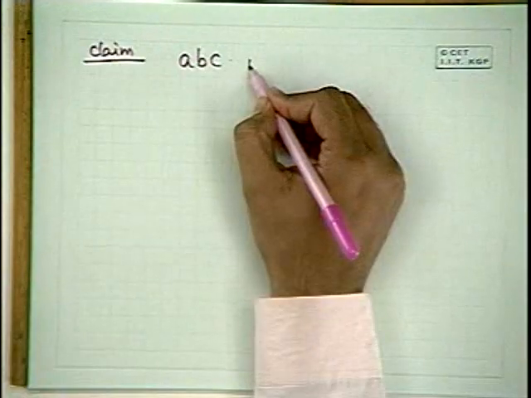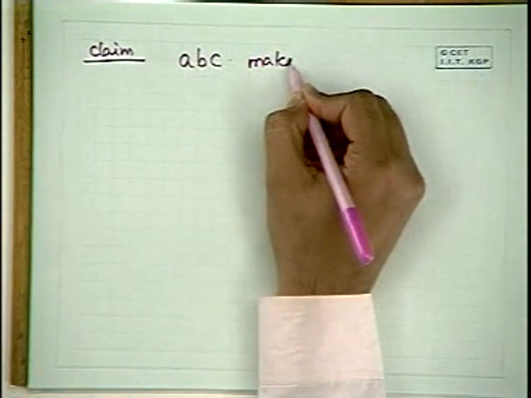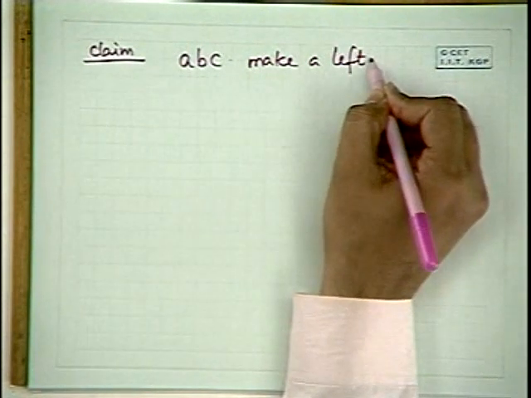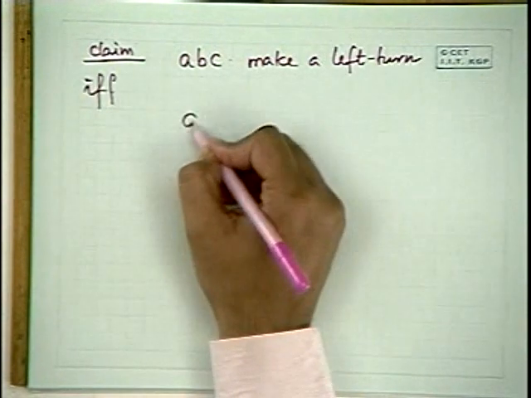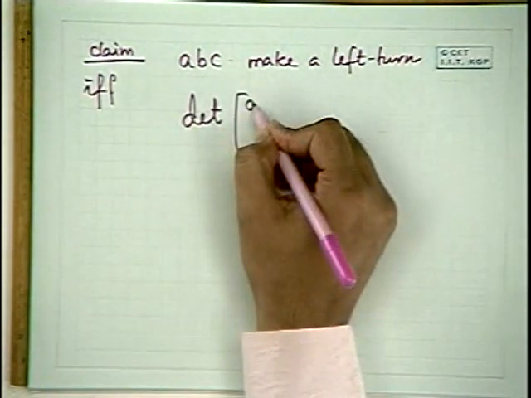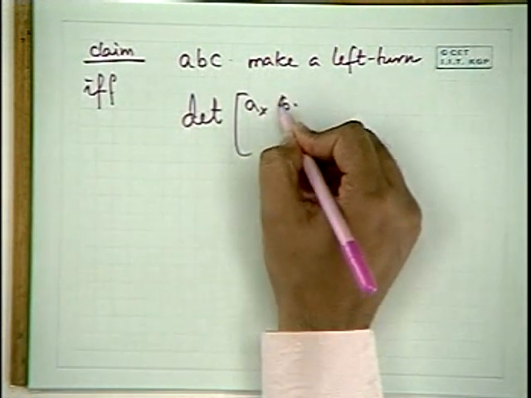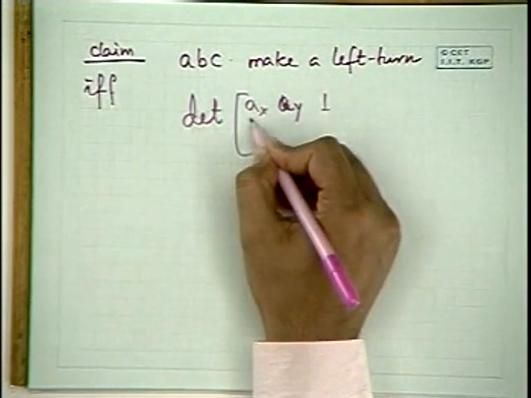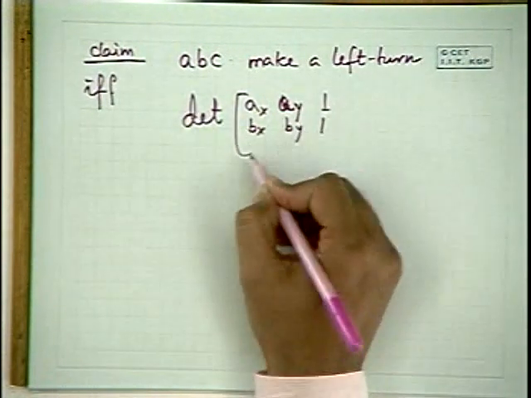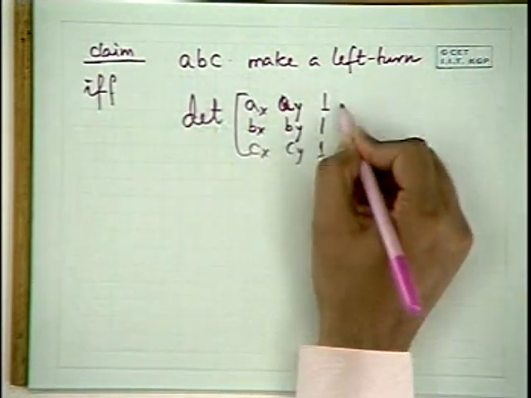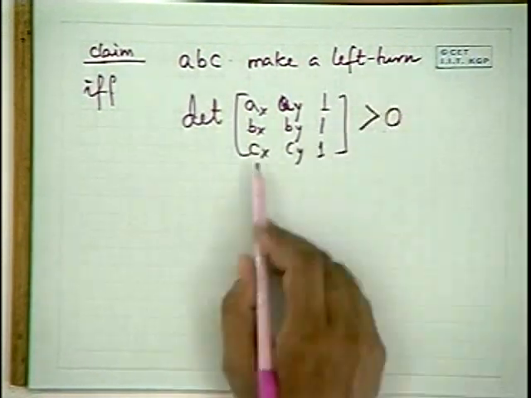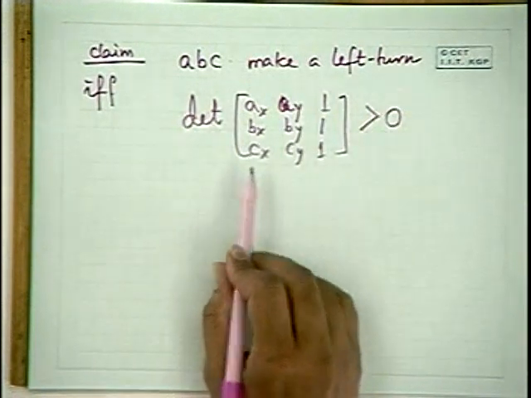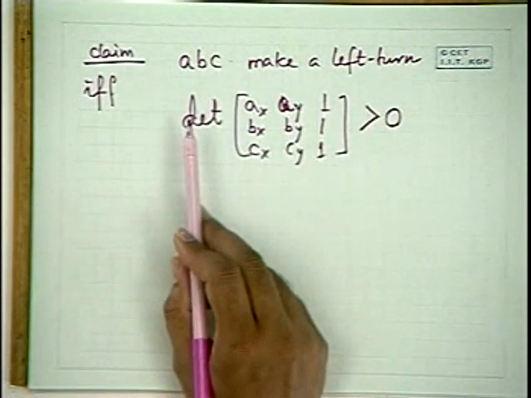We say the 3 points A, B, C make a left turn if and only if you calculate this determinant, with rows Ax, Ay, 1; Bx, By, 1; Cx, Cy, 1. If its value is greater than 0, basically its sign is positive, then ABC will make a left turn in the counterclockwise manner.